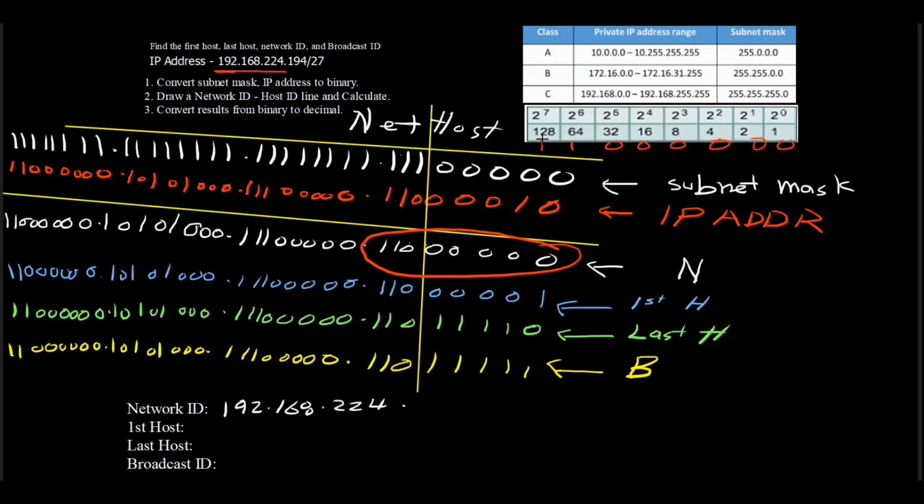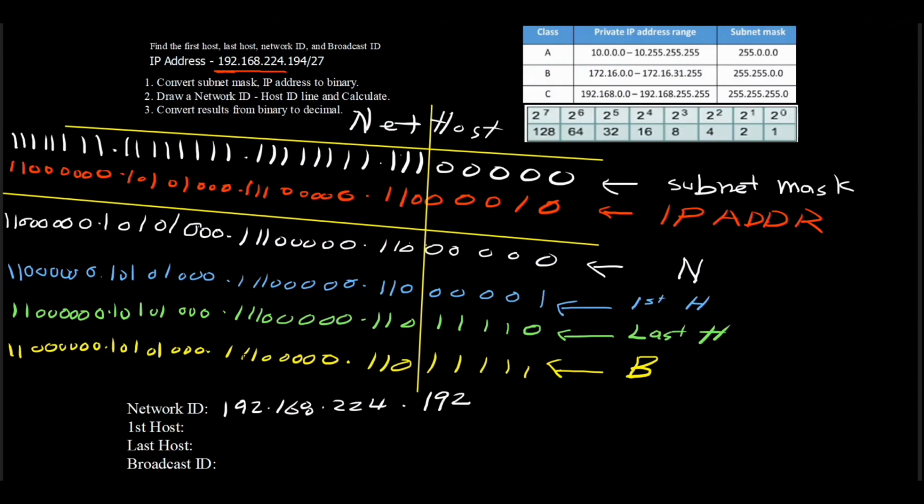If you add these two, 128 plus 64, it's going to be 192, right? So this is my network ID for this IP address.